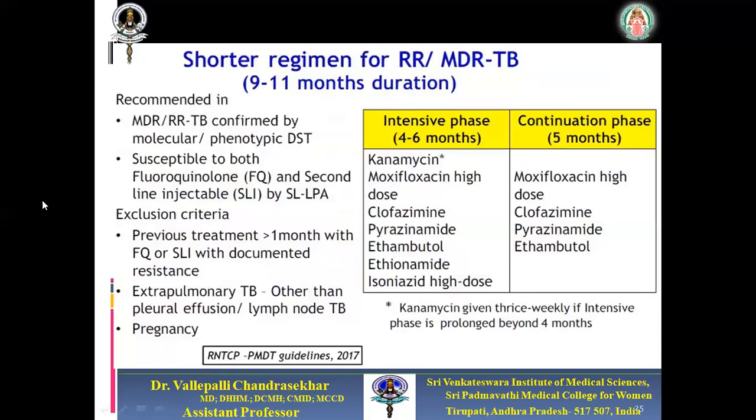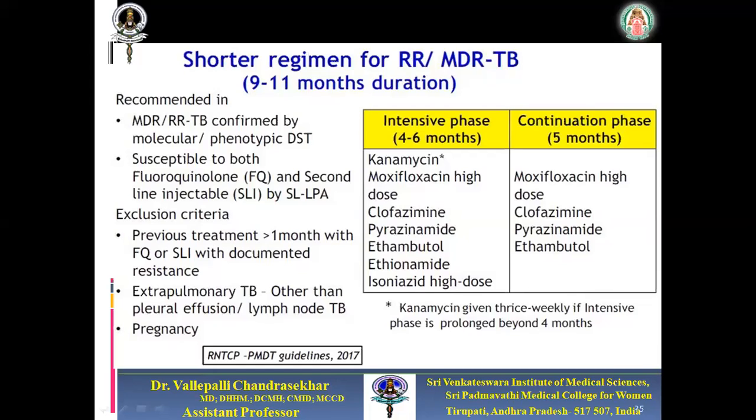Again, in the drug management of multi-drug resistant TB or rifampicin resistant TB, this is a shorter regimen which we are using. It is a shorter regimen with 9 to 11 months of duration. It is recommended in MDR or rifampicin resistant TB confirmed by molecular or phenotypic DST, and susceptible to both fluoroquinolones and second line injectables.